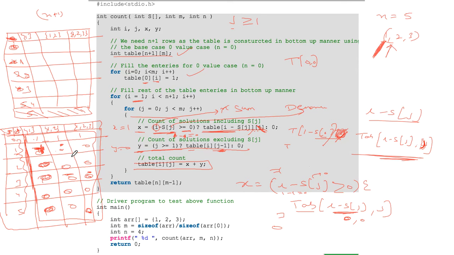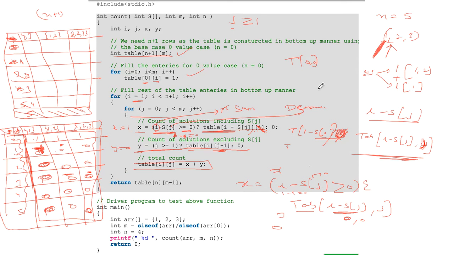Let's try to populate this entry now. This will be interesting. Right? What should it be? It should be number of ways by including my already existing denomination, which is 1. So now number of ways to create 1 by including 1 comma 2, and number of ways to create 1 by only using 1 or excluding 2. Clear or not?